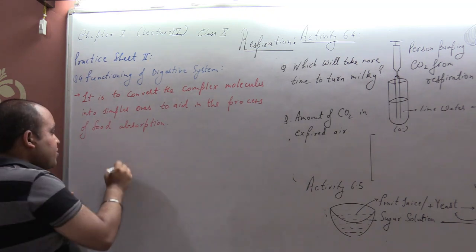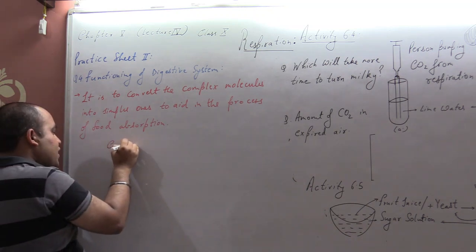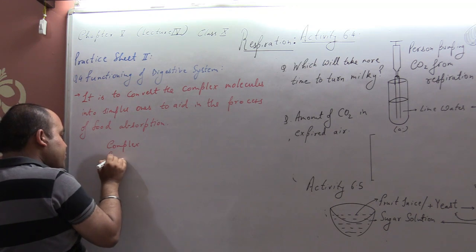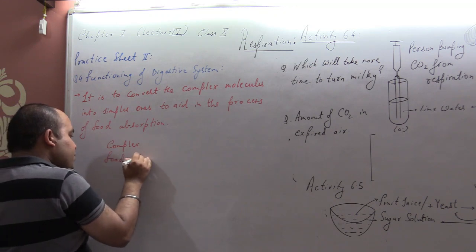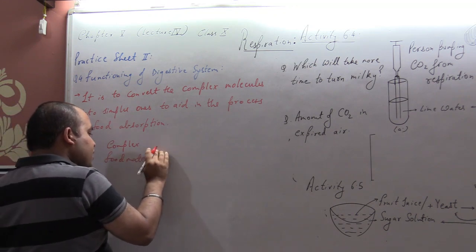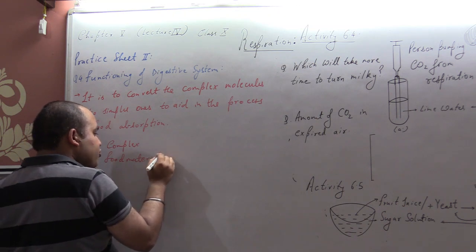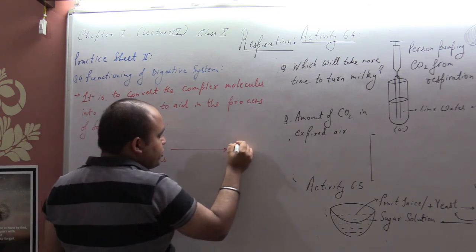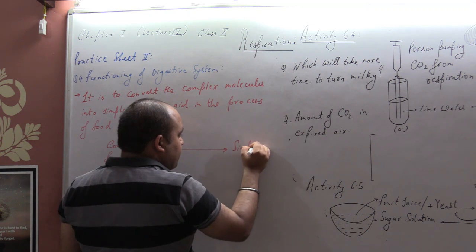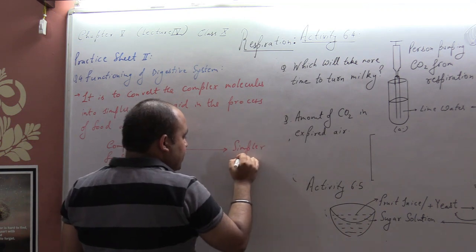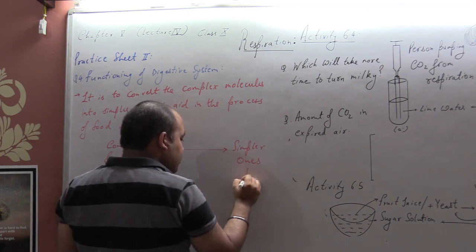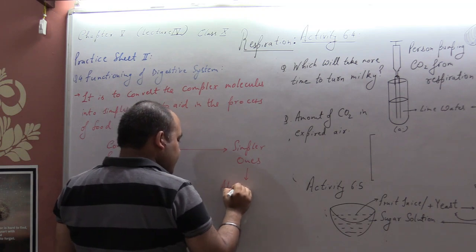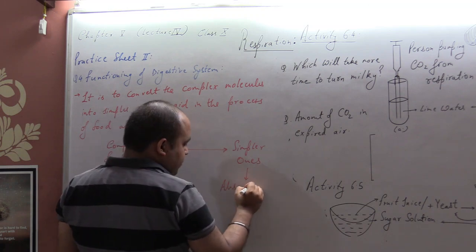So the digestive system has the ability to convert these complex food materials into simpler ones, and these simpler food materials are absorbed in our body.